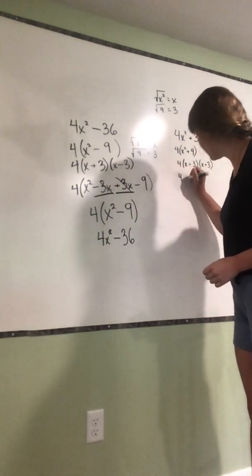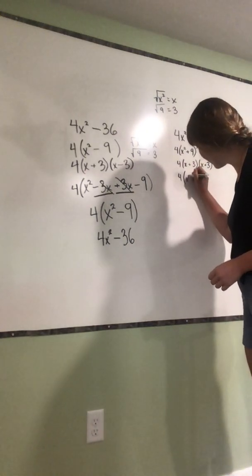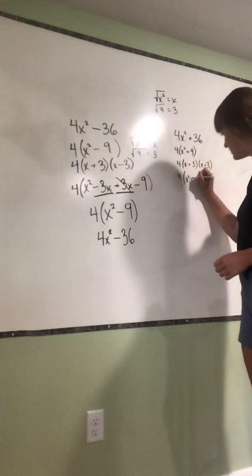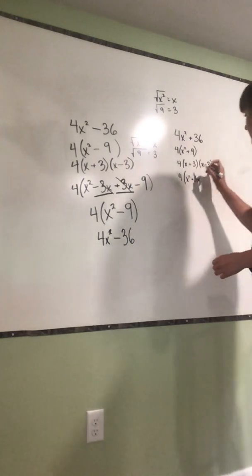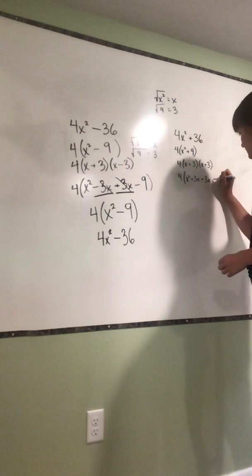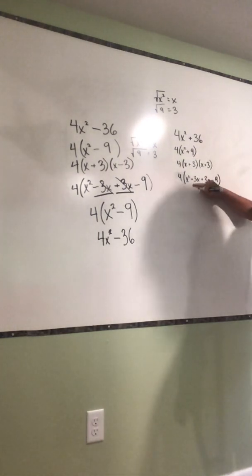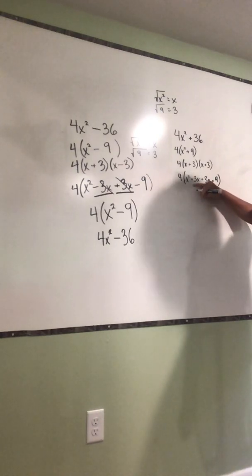So just put the 4 in the front to be safe, and then distribute the x. 4x squared, x times 3 is 3x. And then distribute the 3 plus 3x, uh-oh, this doesn't look good, plus 9. What do we have here? 2 3x's.